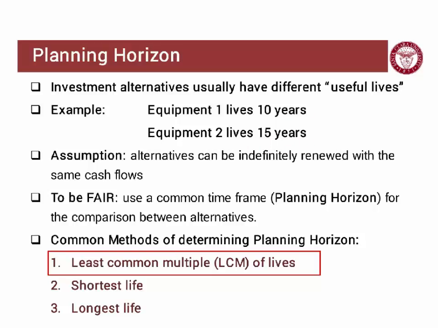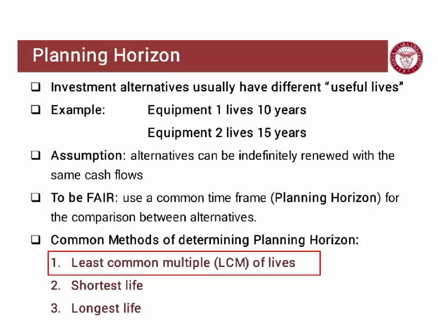So there is an assumption here if you have that case. To be able to compare apples to apples, you assume that alternatives can be renewed indefinitely. And we'll see how that can make our life easier in comparing fairly between these different life alternatives.